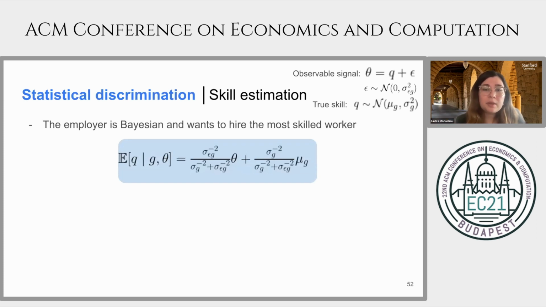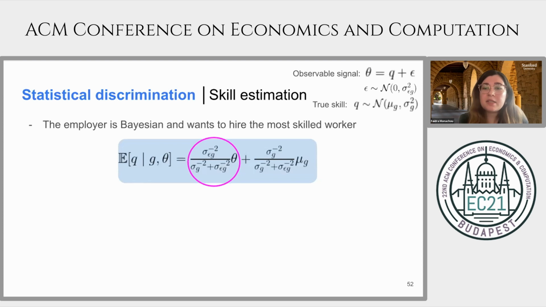To understand a little bit how it looks, the signal theta, so the productivity or the test score, is reweighted by this ratio of precision. So we see the precision of the noise, which is group dependent, over the sum of the skill variance for the group and the noise precision again.